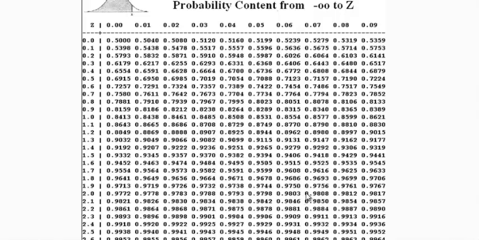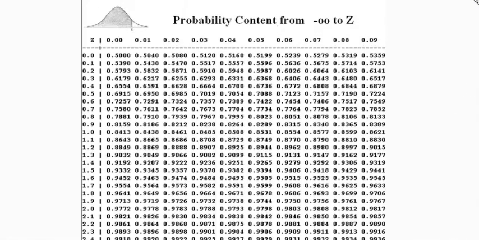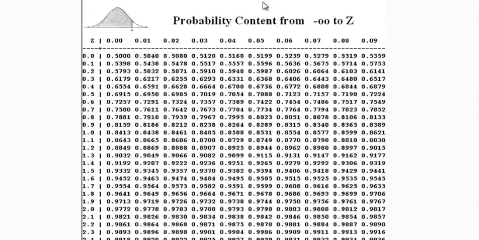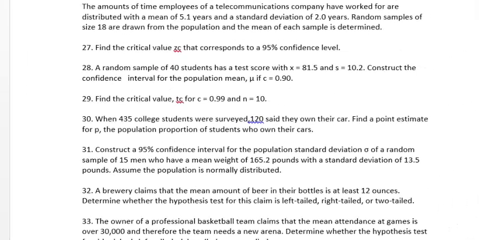So it can be positive 1.96 or negative 1.96. In other words, it has to be up to 1.96 standard deviations above the mean or up to 1.96 standard deviations below the mean. The important thing here, as with question 25, is that you have to remember you're talking about a two-tailed distribution when you're looking at a confidence interval, and so you have to adjust for that when looking at the z-table, which is based on a one-tailed distribution.